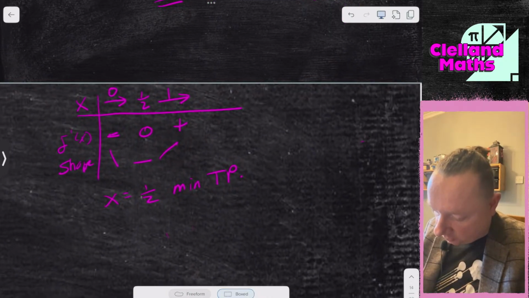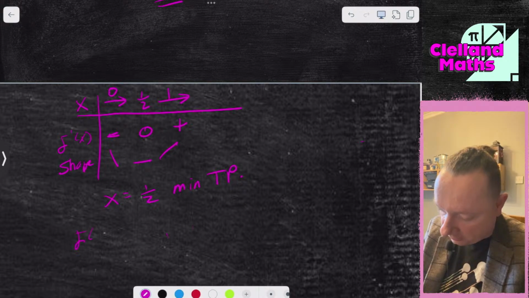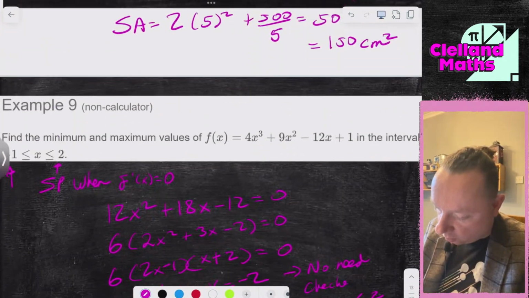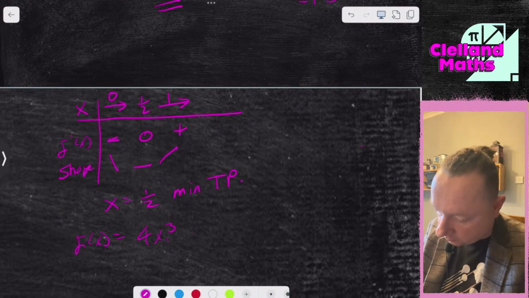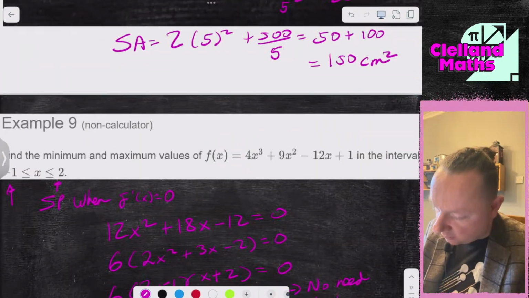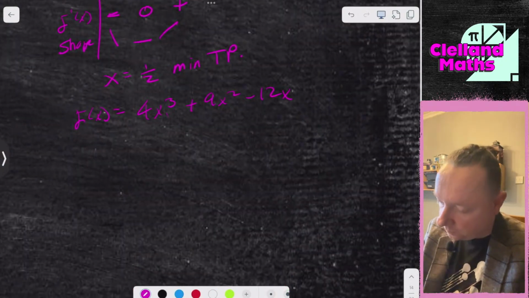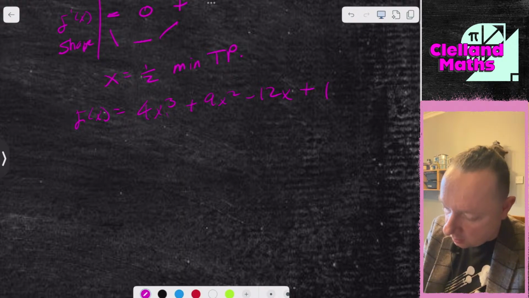Okay, so at x equal to a half, f of x equals, well, we've got 4x cubed plus 9x squared minus 12x, and I think it's plus 1, is it? Yeah, it's plus 1.